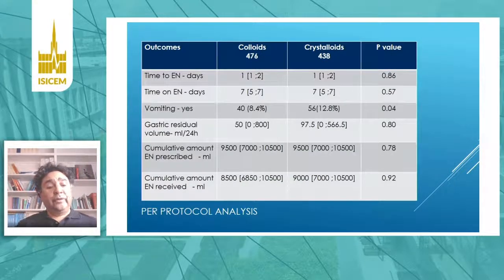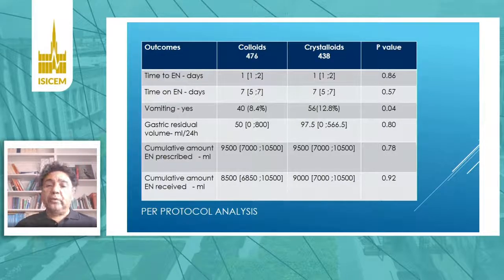When moving to the per protocol analysis, that is, considering in the colloid arm only patients who received only colloids, and in the crystalloid arm only patients who received only crystalloids, here again one can see that there was no evidence for major differences between the two strategies for fluid resuscitation with regard to the initiation and duration of enteral nutrition.